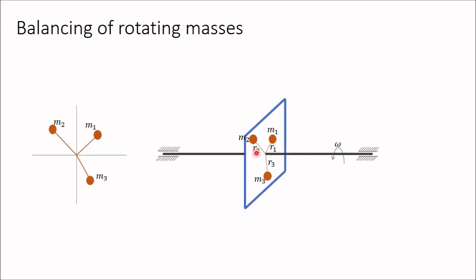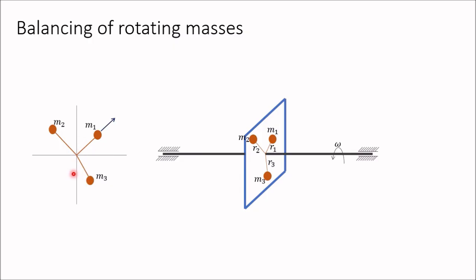Now suppose there are multiple masses attached in a shaft which are at different distances. This m1 at a distance of r1, m2 at a distance of r2, m3 at a distance of r3. Now these masses can be represented in side view in this way. These are the three masses and their relative angular positions.